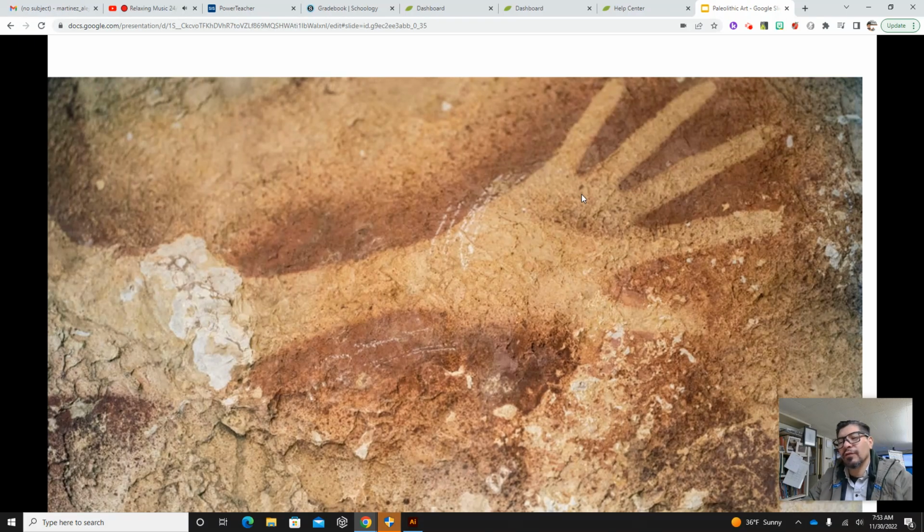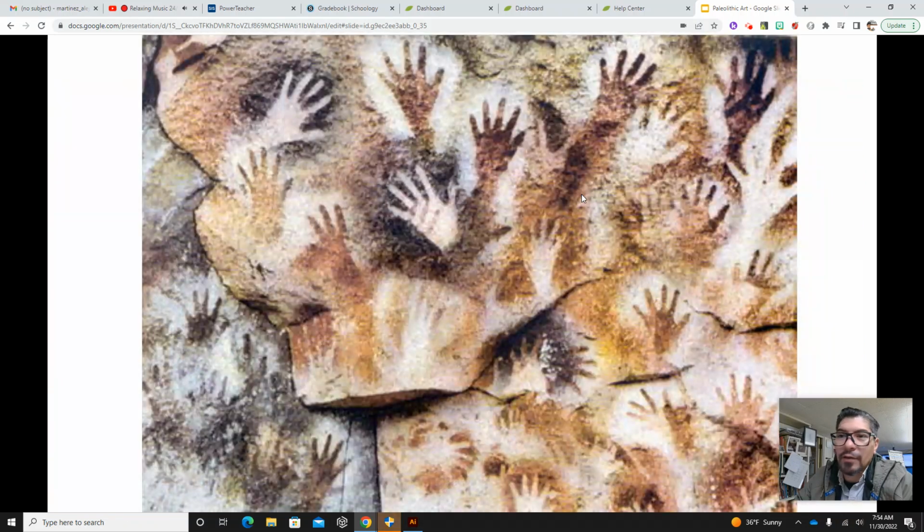So obviously this would be someone taking their hand, putting it on the wall, and the spray was probably created by using their mouth, whether they're mixing the earth or the animal fat or animal blood in with the spit of the human and just spitting it out like a spray or a spray can. And so they would be using these materials because that's all they had. They couldn't go down to the street and buy a spray can, right?